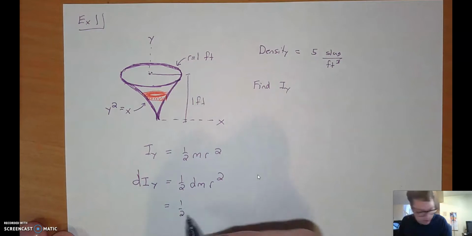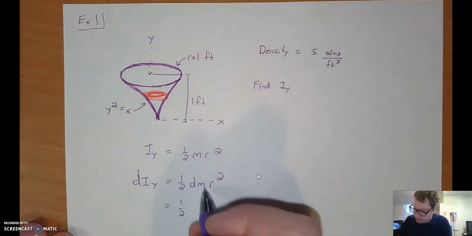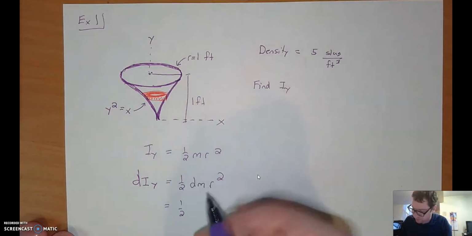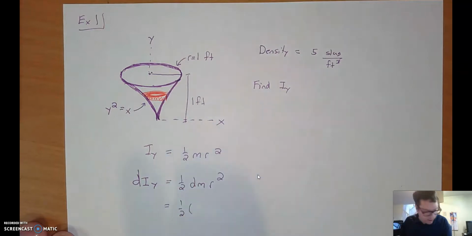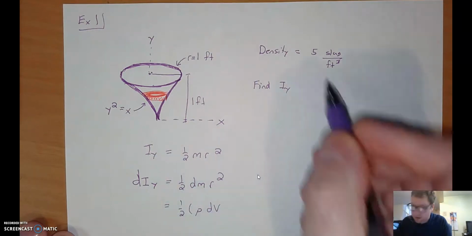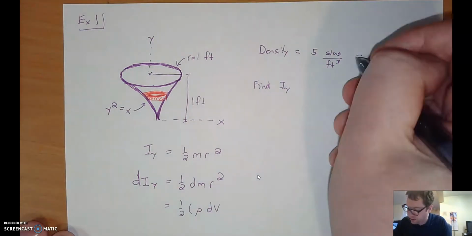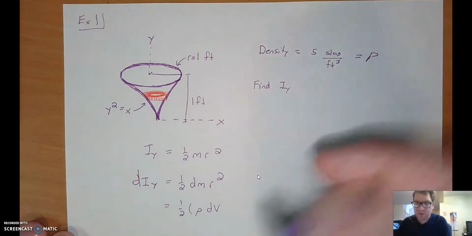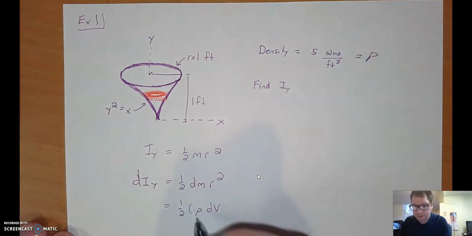So 1/2, so the mass of this, we noted we could do rho dV. Up here, this is rho. It's constant, so this will become a 5. I can go ahead and do that for you if you want.